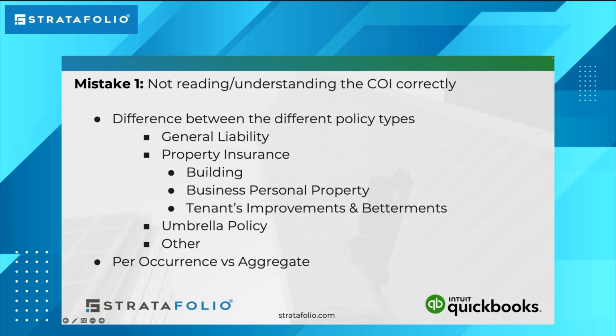So I listed some general policies here that most tenants are going to have, or they should have. General liability coverage is a third-party coverage, and for the most part, what it's going to do is defend against bodily injury or property damage lawsuits that are third-party related.